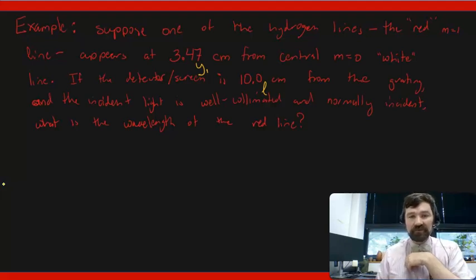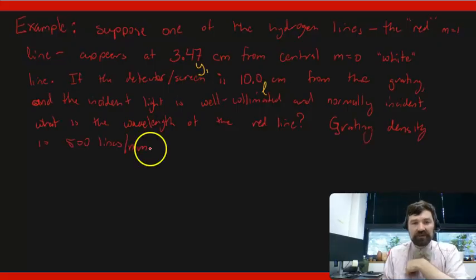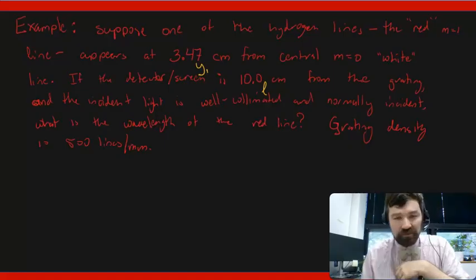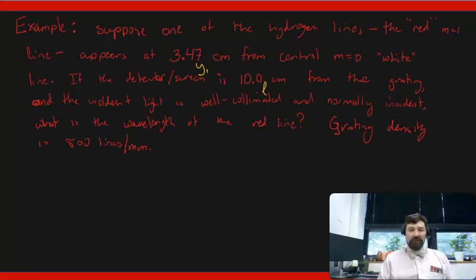And so what we want to know is what is the wavelength of the red line. Again, the grating has line density 500 lines per millimeter. So that is our 1 over d value, in other words. This 1 over d we might want to convert into nanometers.